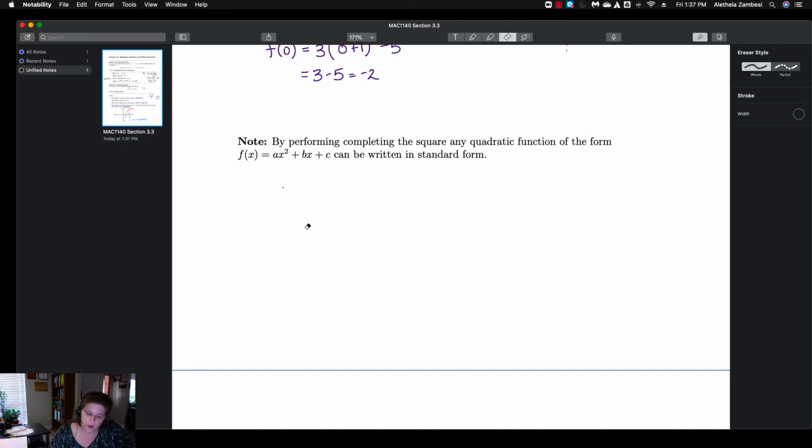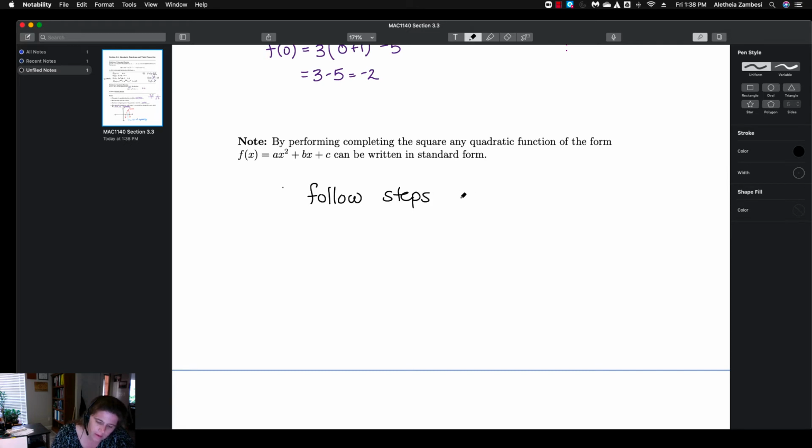Now we can perform completing the square with any quadratic function in order to find the vertex. So if I want to try and do that, then follow the steps above to complete the square.